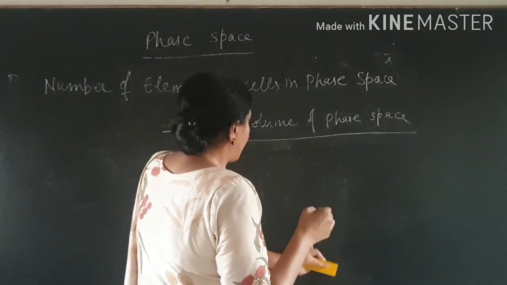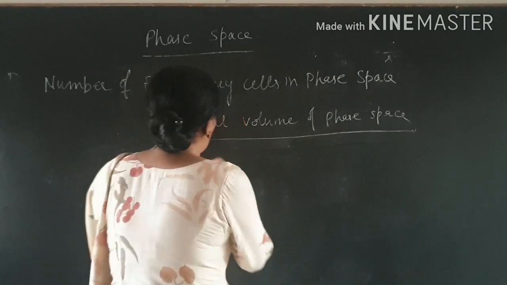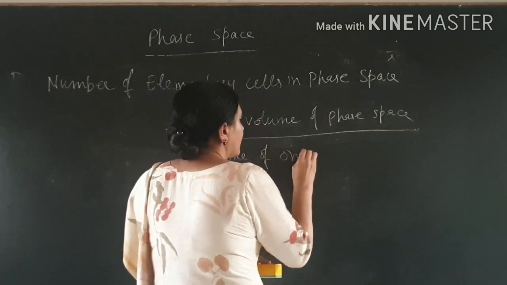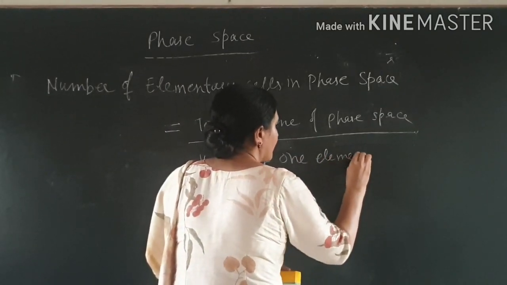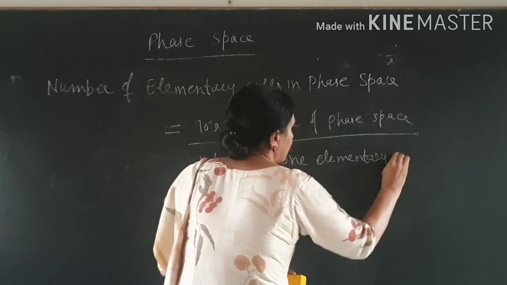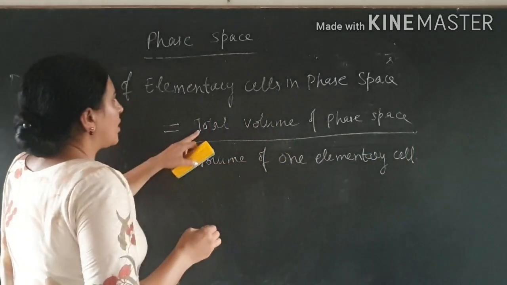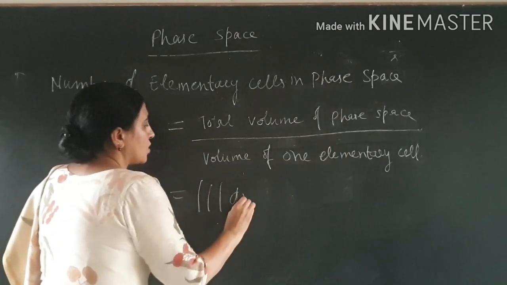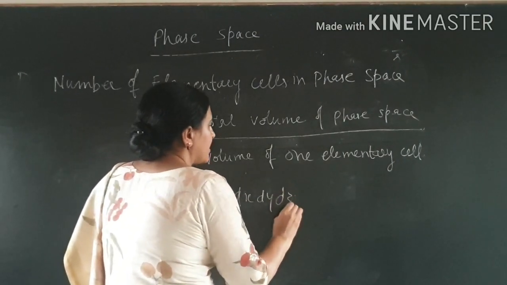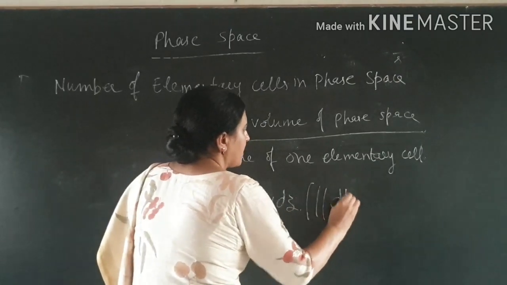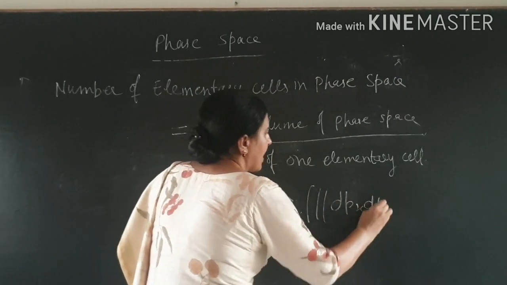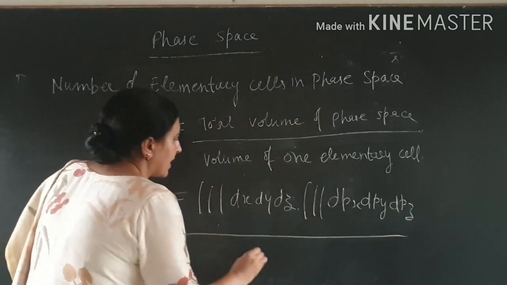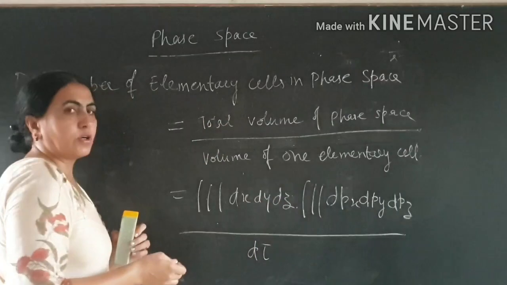The total volume of the phase space is the integration of dx, dy, dz and the integration of dpx, dpy and dpz, divided by the volume of an elementary cell, which is d tau.